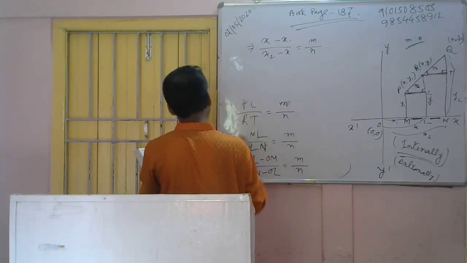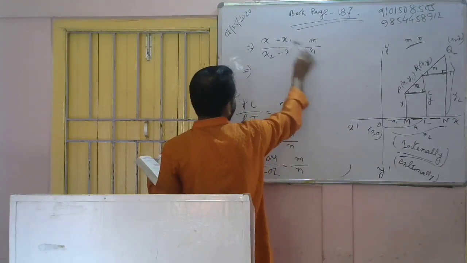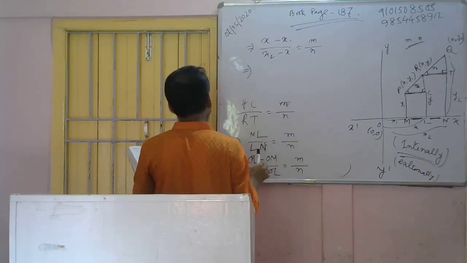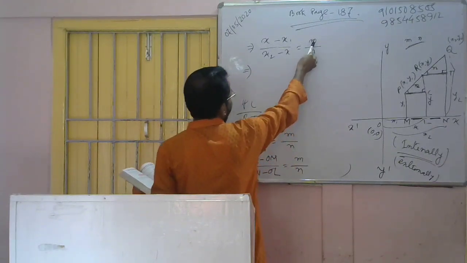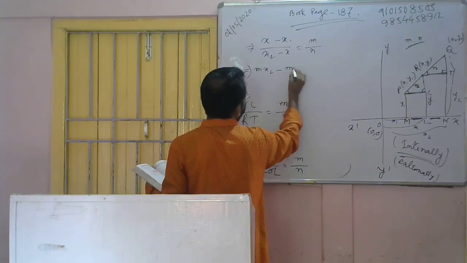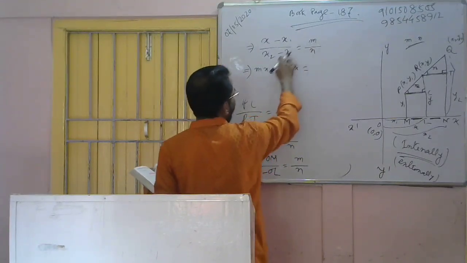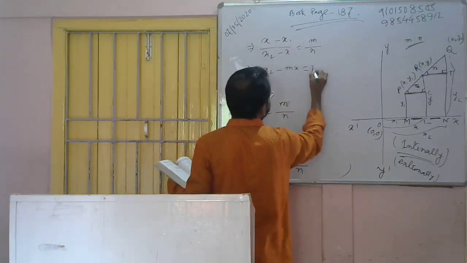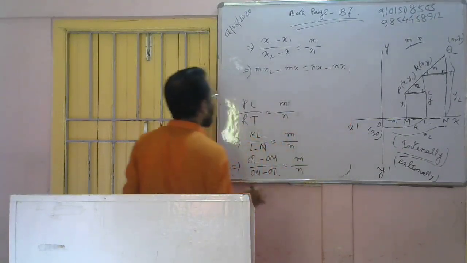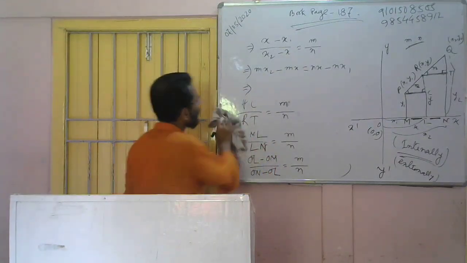So if we cross multiply, then M X2 minus M X, this M X2 minus M X, then N X minus N X1. So now here you know the solve.